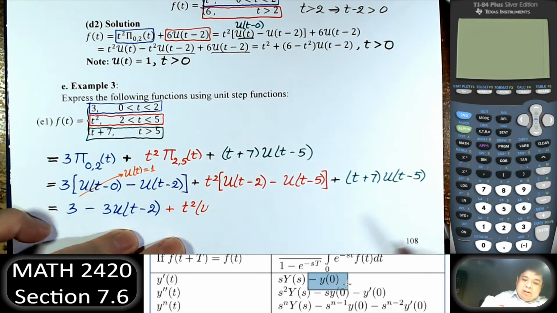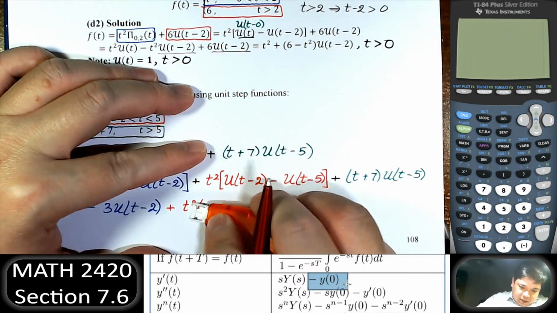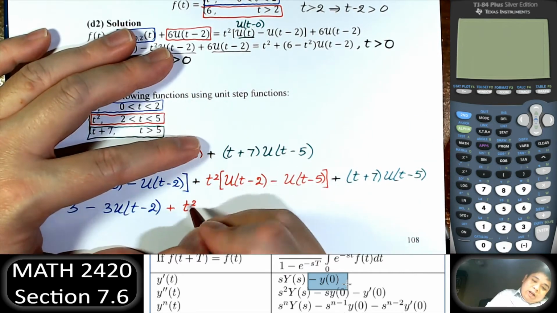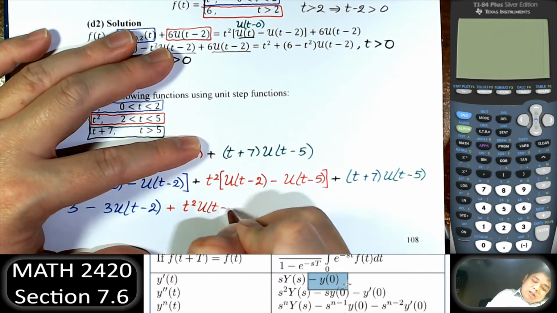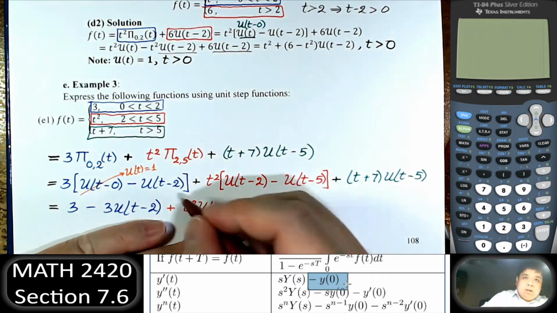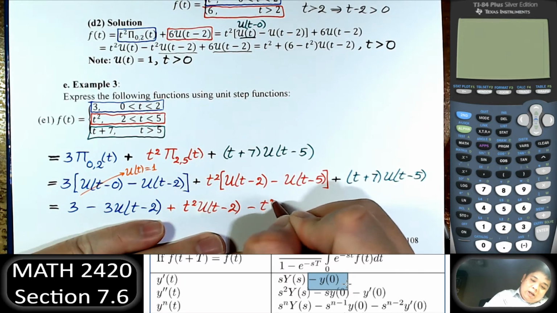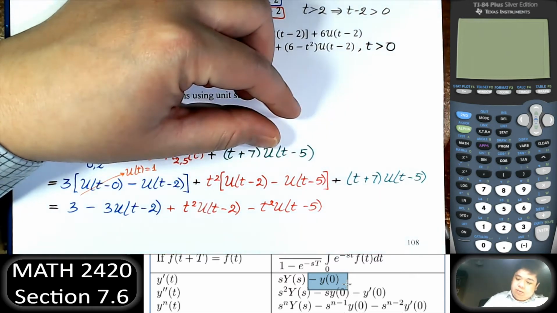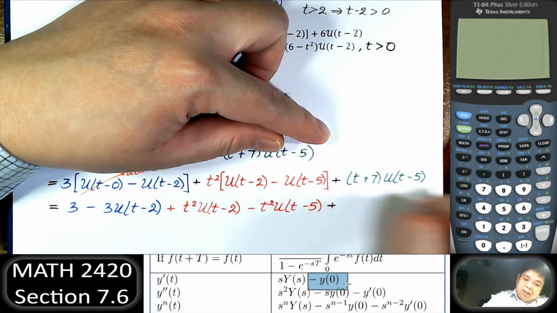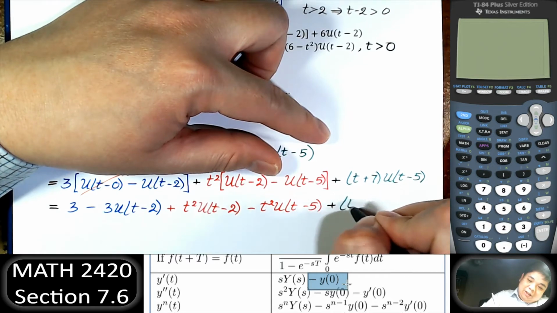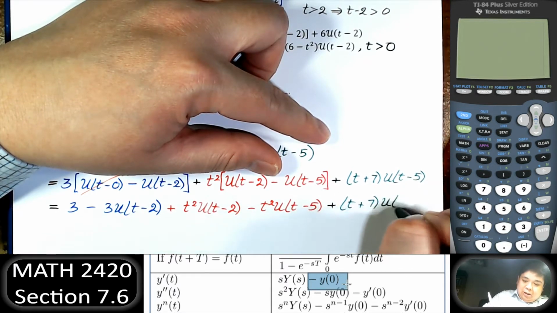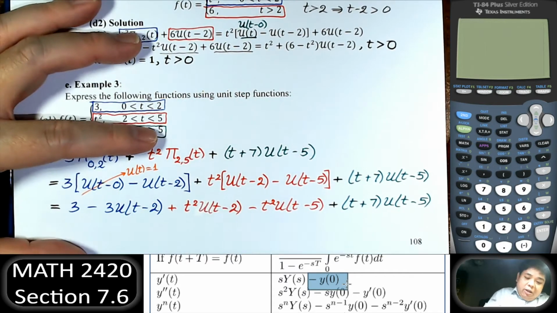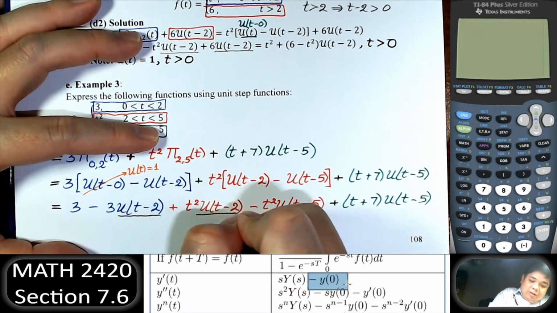t squared u of t minus 2 minus t squared u of t minus 5. Then just plus that. Now combine. Just factor this out.